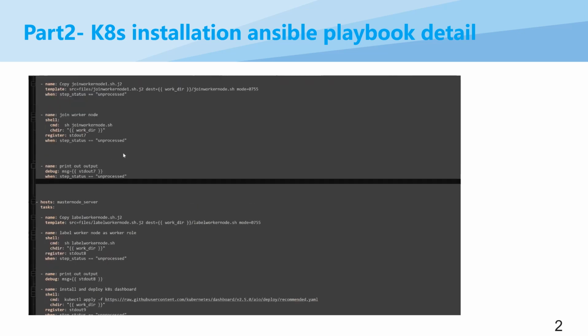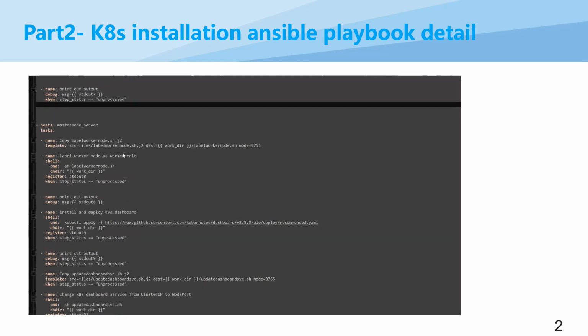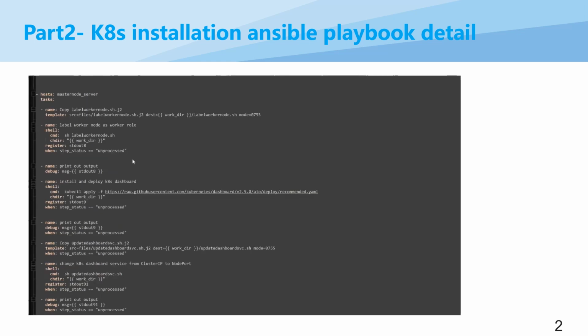Then back to the master node, we need to label the worker nodes. Using kubectl get nodes, we did not see any label on the worker nodes, so we use this shell to label them. After all this is done, we install and deploy the Kubernetes dashboard.